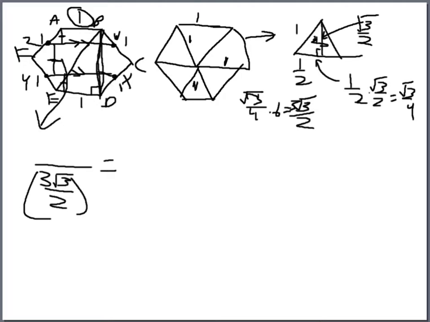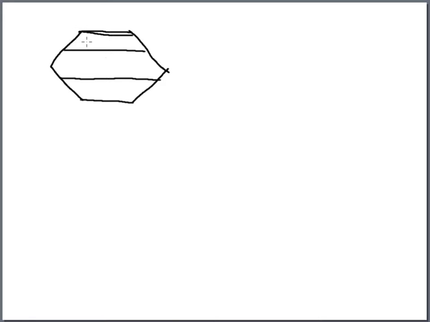Alright, I'm going to create something new. So this is another terrible hexagon, but we know that it's composed of 6 congruent equilateral triangles, and we draw an altitude right over here.